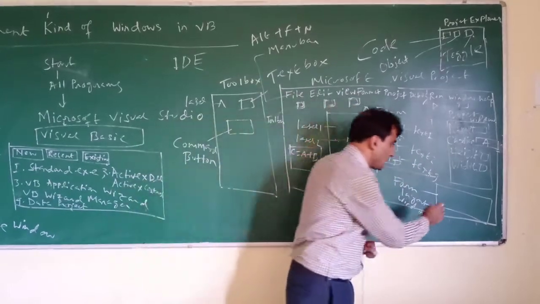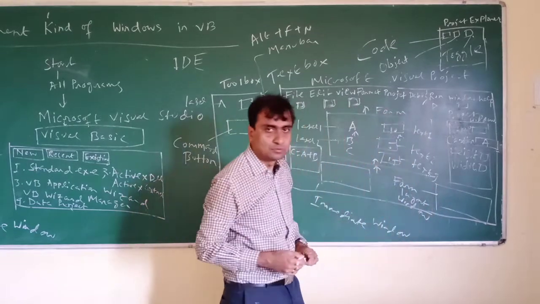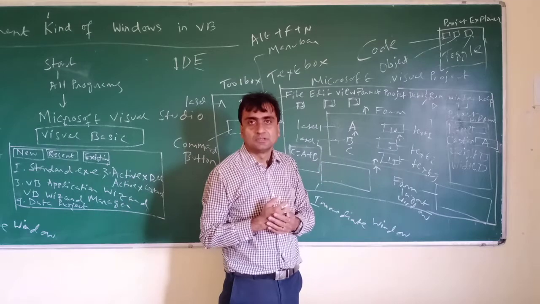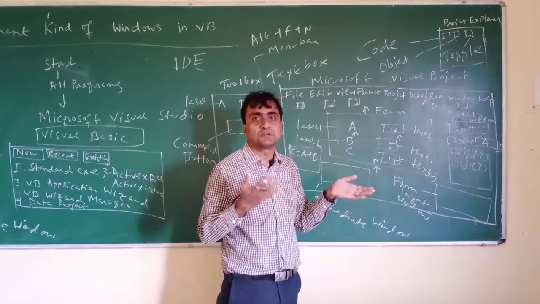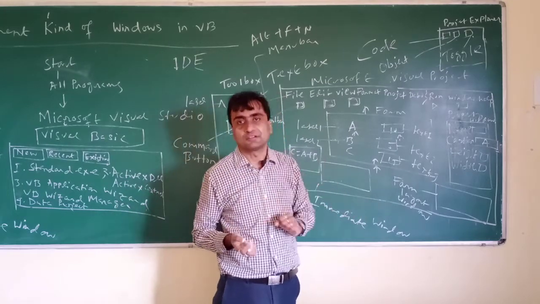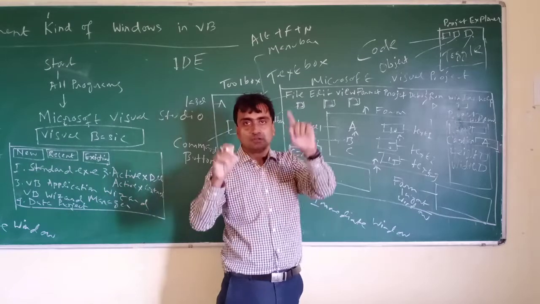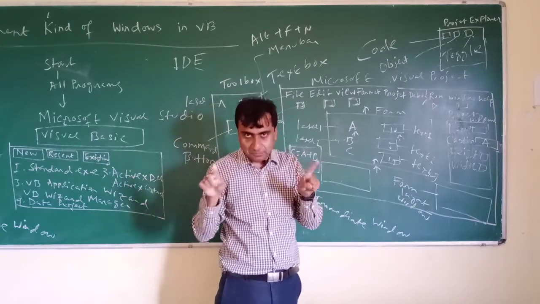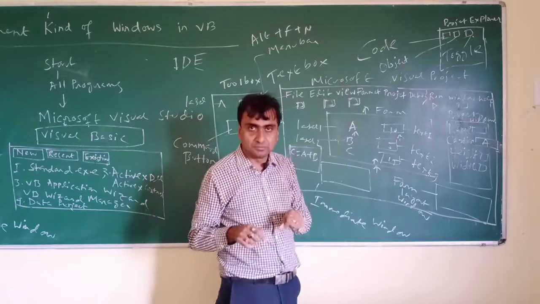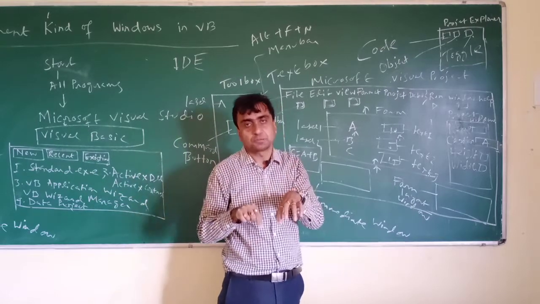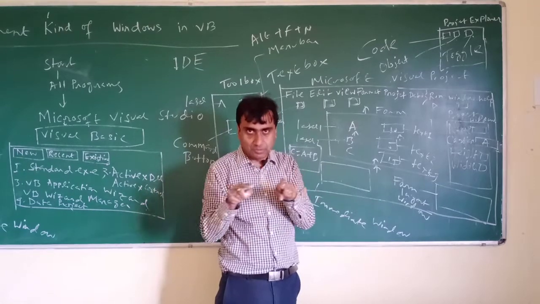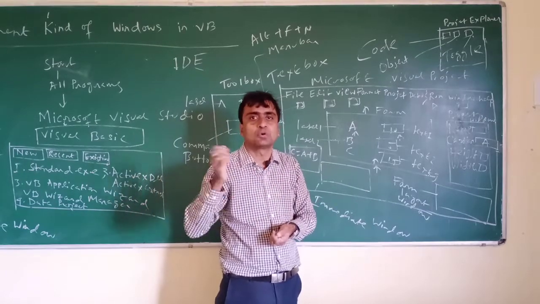Next is the form layout window. See, this layout word you studied in Windows Office. I don't know how many people know this about printouts: landscape and portrait. When you are taking a printout, you will get a print view. There you can see one landscape option, and one default option, which is portrait. The normal printouts we take are in portrait only.